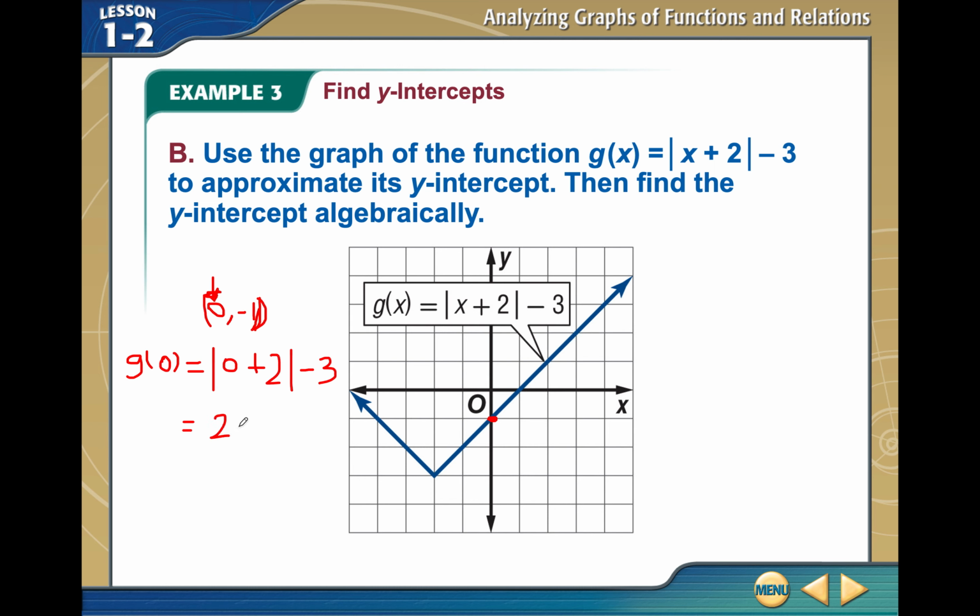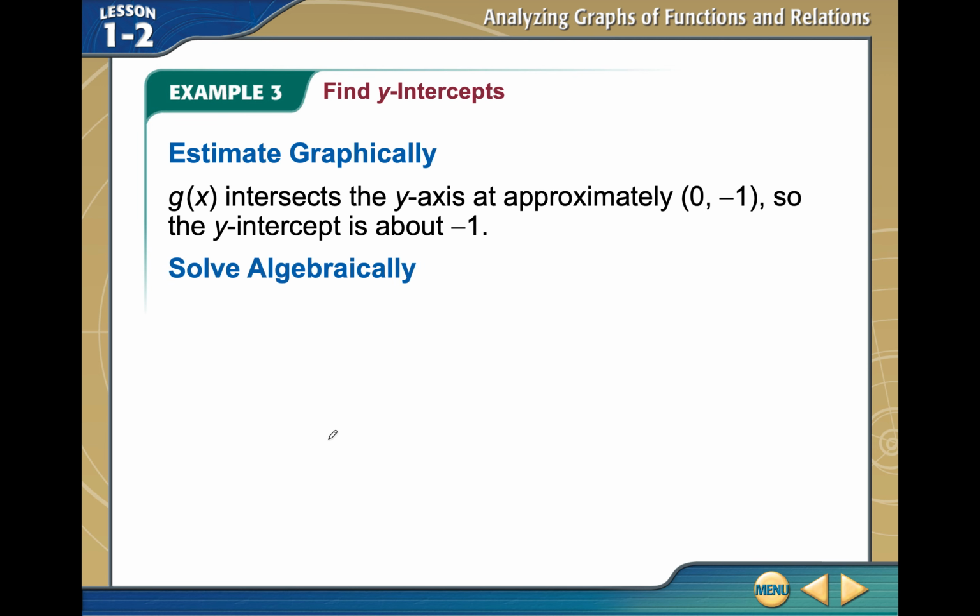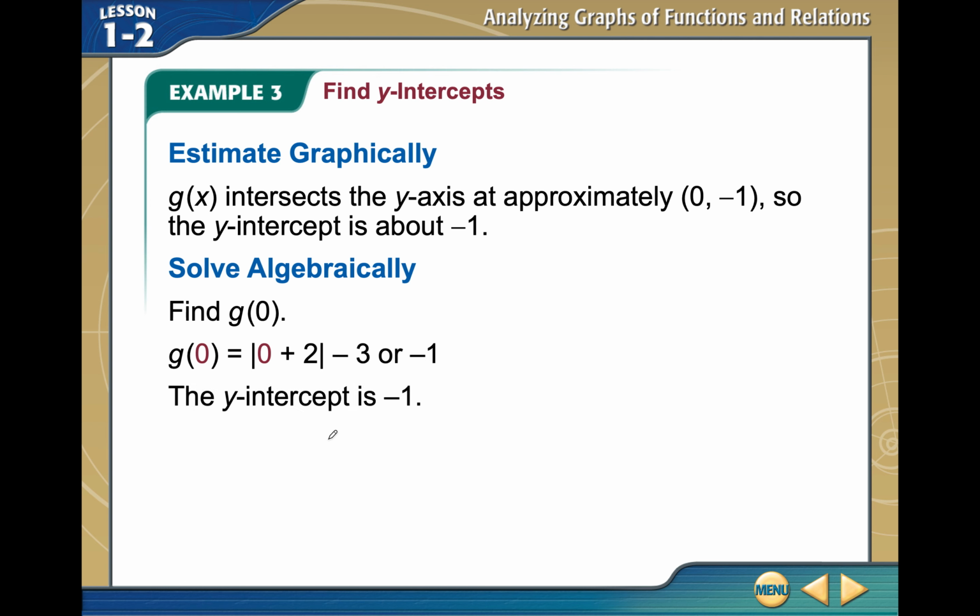So that's 2 minus 3, and 2 minus 3 is -1. So we found that algebraically. On the graph it's -1, algebraically we find g of 0, plug in the 0, and we find that the y-intercept is -1.